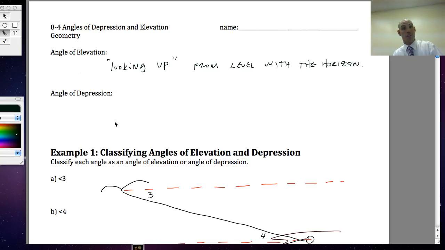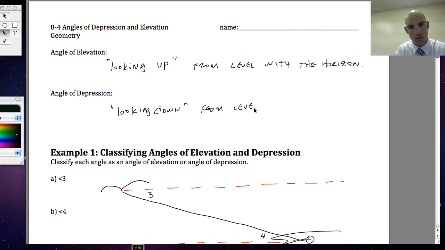And an angle of depression is generally looking down from level with the horizon.